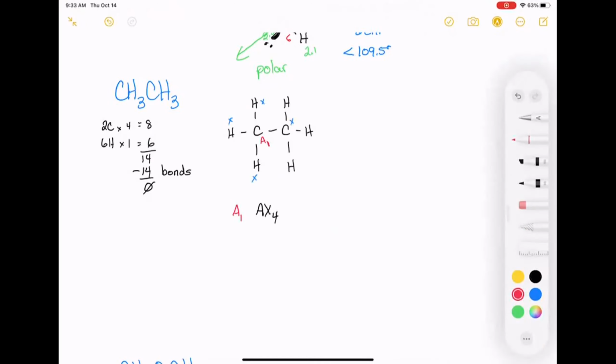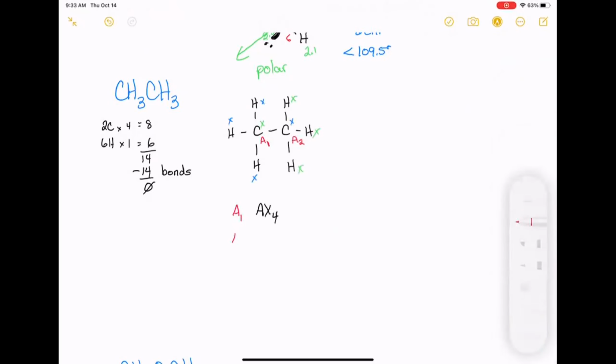Now let's look at A2. A2 is bonded to a carbon and 3 hydrogens. So A2 also has the formula of AX4. And there are no lone pairs on either of them.